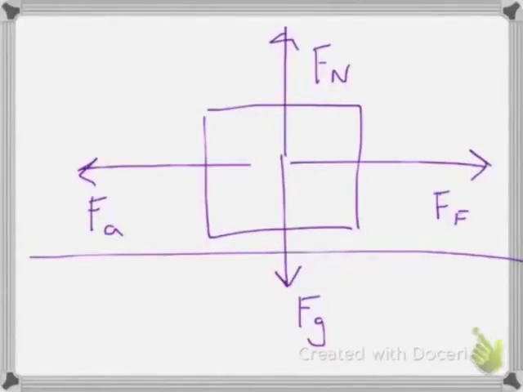Now the net force is whether the forces are balanced or not. If gravity is pulling something down with a force of 500 newtons, and the normal force is pushing it up at 500 newtons, those two balance out.